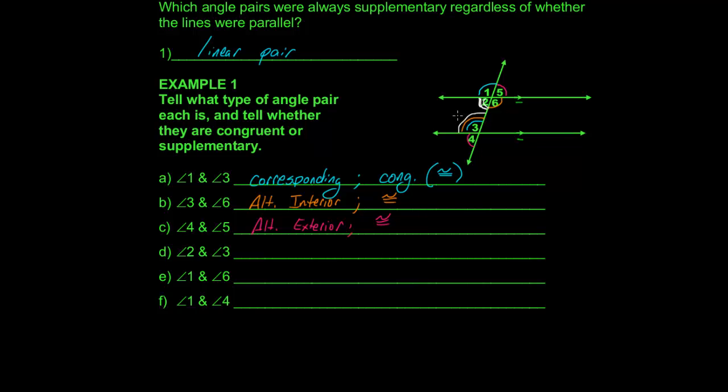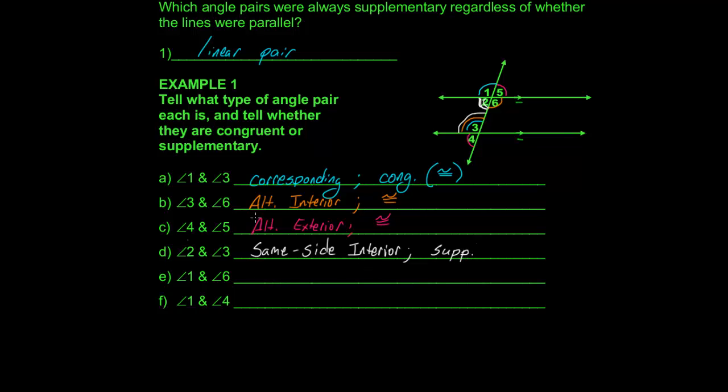So they're same side interior. Look up at the very top of the page. Same side interior angles. They are supplementary. So, defining them, they are same side interior, and they are supplementary.